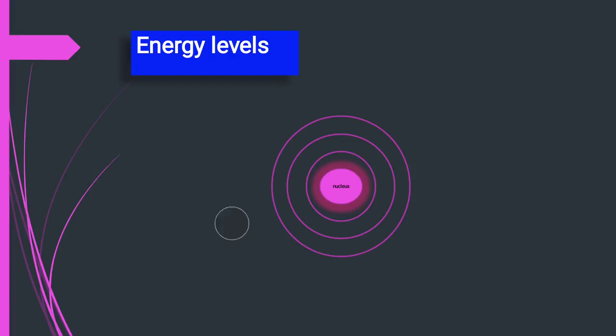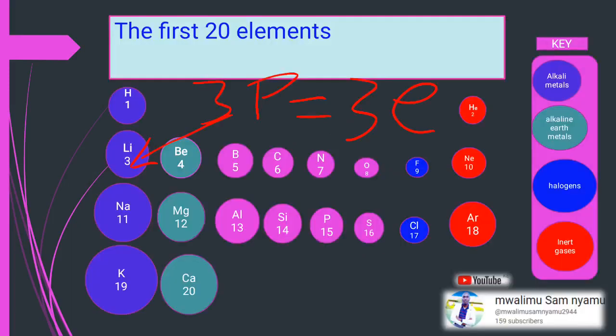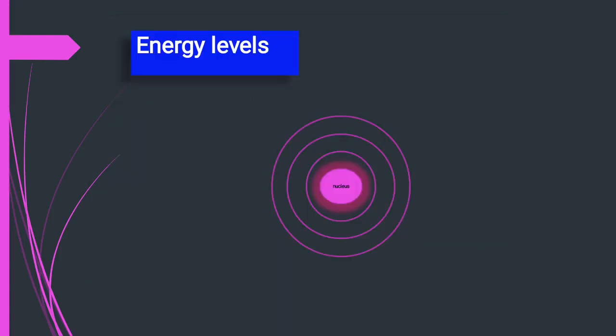For example, hydrogen has 1 proton. That means it also has 1 electron. If we were to draw the atomic structure of hydrogen, we would place our electron in the first energy level.